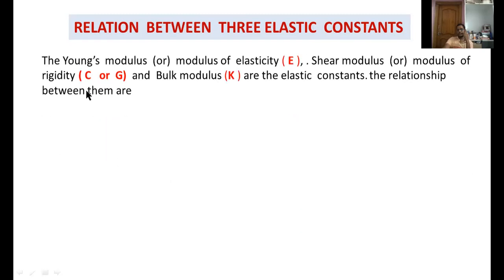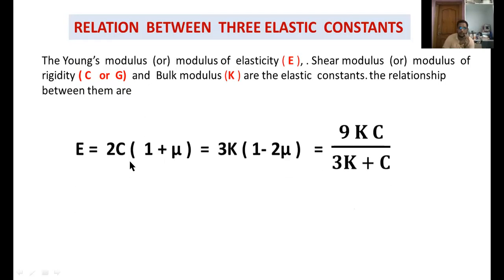Young's modulus or modulus of elasticity, capital E; shear modulus or modulus of rigidity, capital C or G or N; and bulk modulus, capital K. Now the relation between Young's modulus, shear modulus, and bulk modulus is: capital E equals 2C into (1 plus mu), equals 3K into (1 minus 2 mu), equals 9KC by (3K plus C).